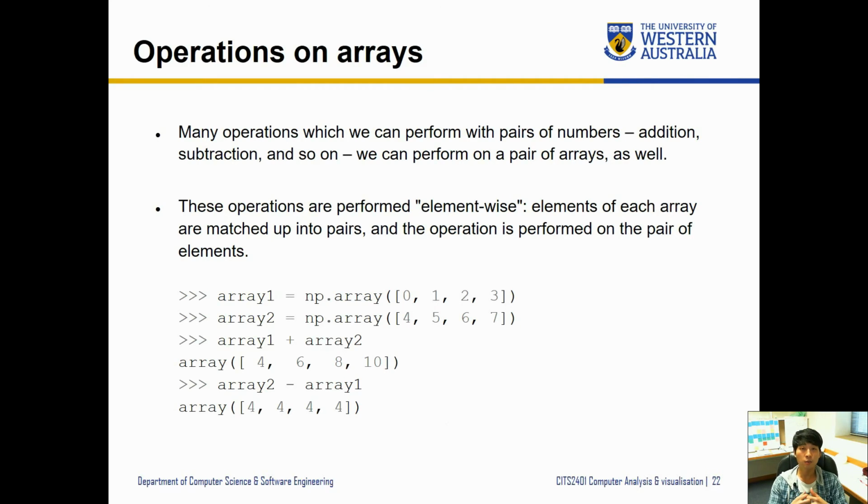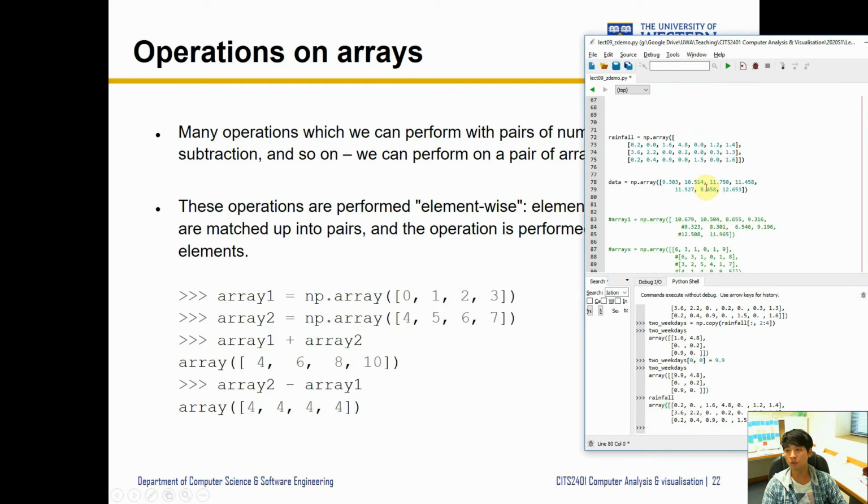The next thing we can do is apply different operations on arrays. These operations are actually quite unique and much better than Python lists because they allow us to perform operations on multiple numbers in one go. So here's an example of array 1 and array 2. Do I have them?